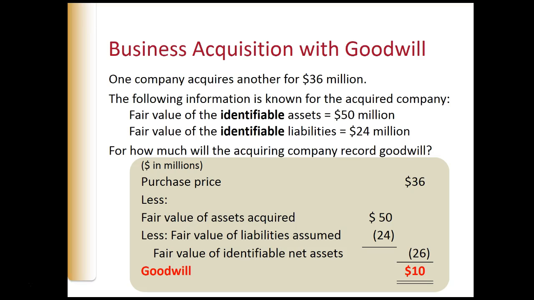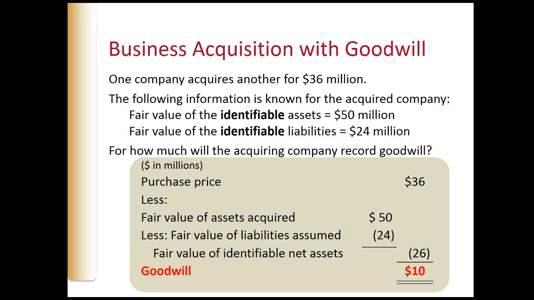The following information is known. Fair value of the identifiable assets is $50 million. Fair value of the identifiable liabilities is $24 million. How much will the acquiring company record as goodwill? Well, the 50 in assets minus the liabilities of 24 show the fair value of net assets of 26.